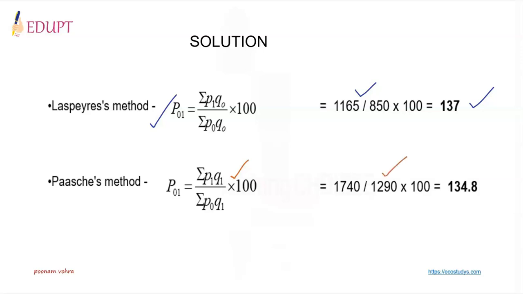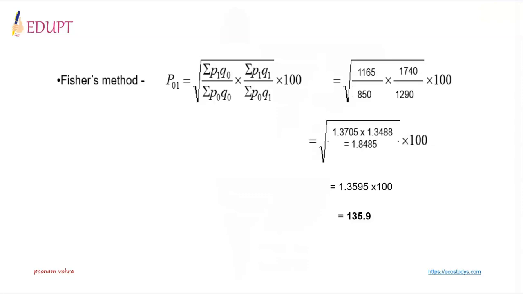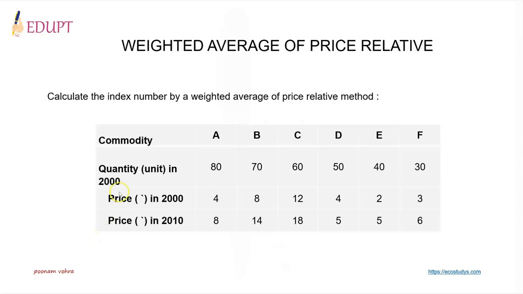Substituting the values and after calculating it, we find it is 134.8. Fisher's method is under root of sigma P1 Q0 by sigma P0 Q0 into sigma P1 Q1 by sigma P0 Q1, the whole thing multiplied by 100. So substitute the values, calculate, and you get answer as 135.9.